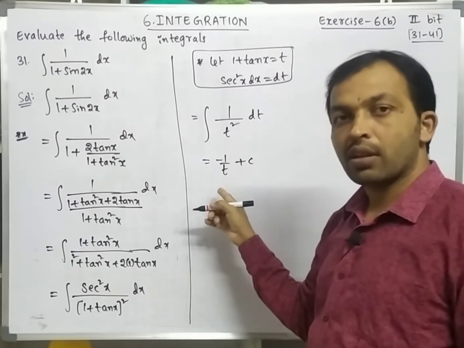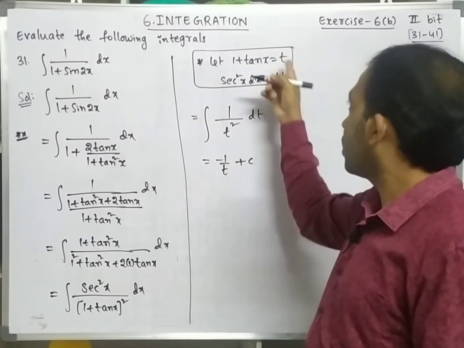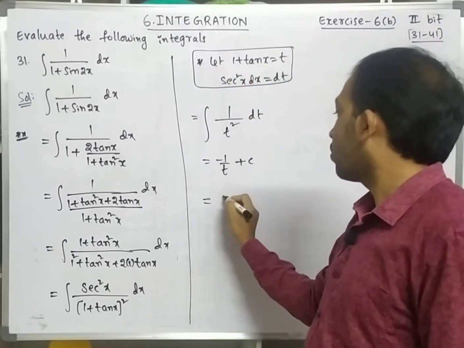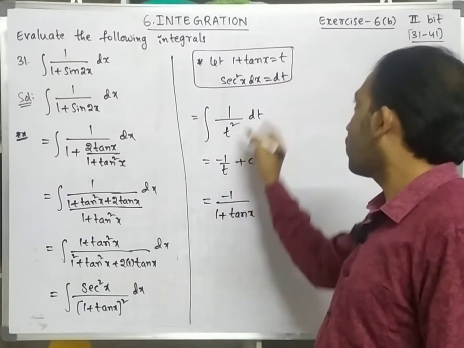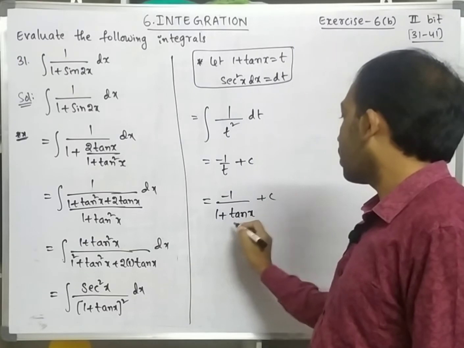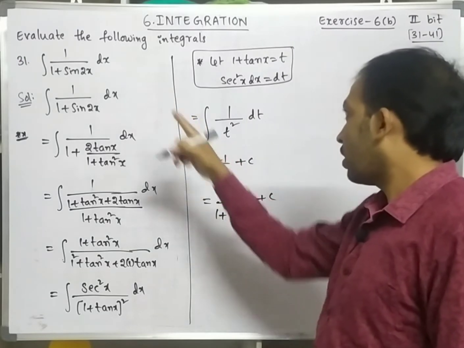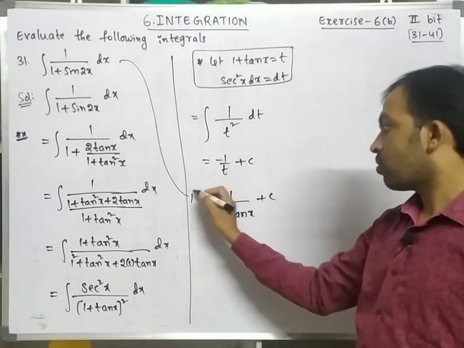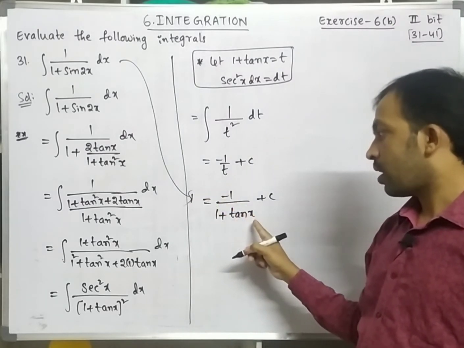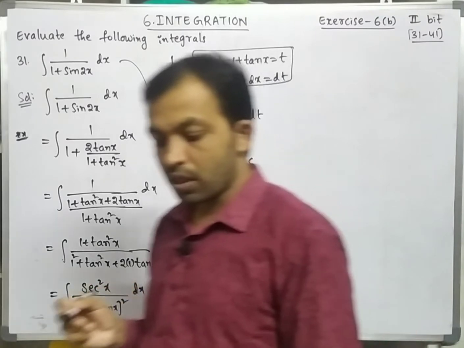Remember that formula directly. We got the answer in terms of t, so now convert t back in terms of x. The value of t is 1 plus tan x, so we get minus 1 by 1 plus tan x plus c. Therefore integration of 1 by 1 plus sin 2x dx is equal to minus 1 by 1 plus tan x plus c. This is the answer.